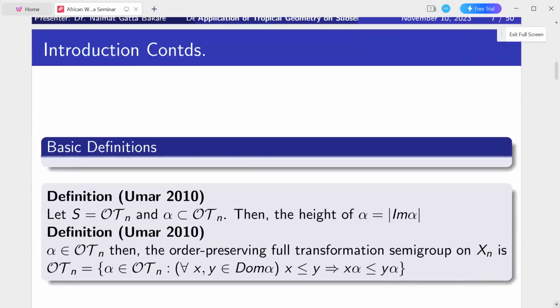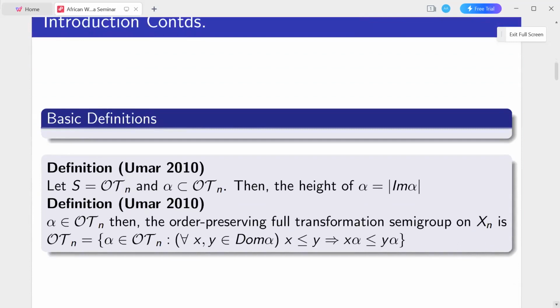Now, Umar, what he did is that he was one that firstly worked on the order preserving full transformation. So we denote our order preserving full transformation as OTn. So then we equally define what is order preserving.